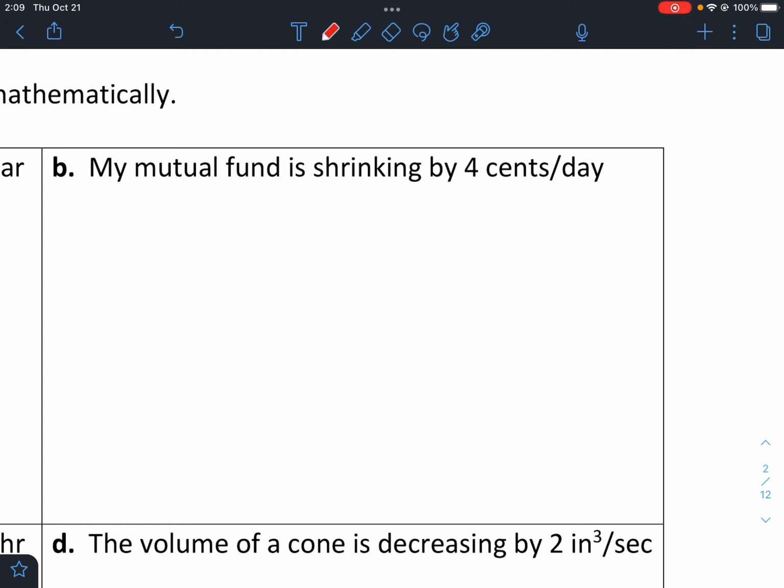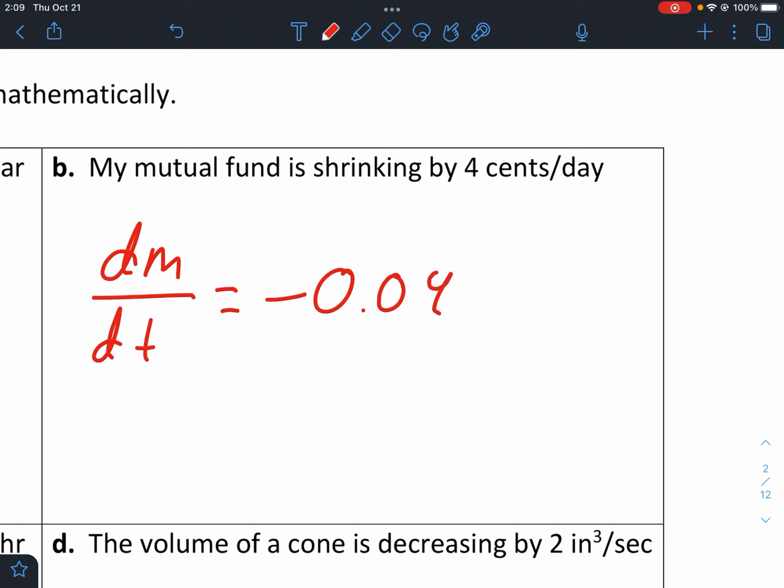My mutual fund is shrinking by 4 cents a day. So let's call mutual fund M, and we could say dM/dt is shrinking, so negative 0.04 cents per day.